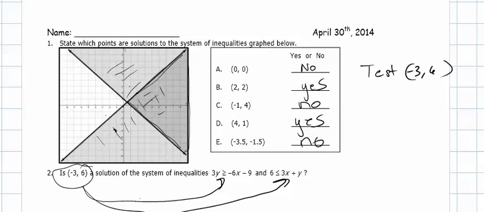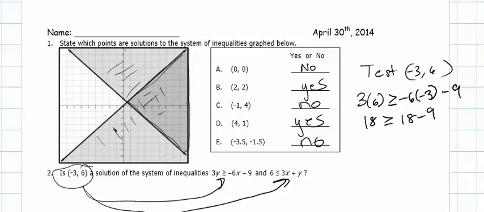Okay, all right, so this is the second exercise. So 3 times our y, which is 6, is greater than or equal to -6 times -3 minus 9. So let's simplify that. 18 is greater than or equal to 18 minus 9, and 18 minus 9 is 9.